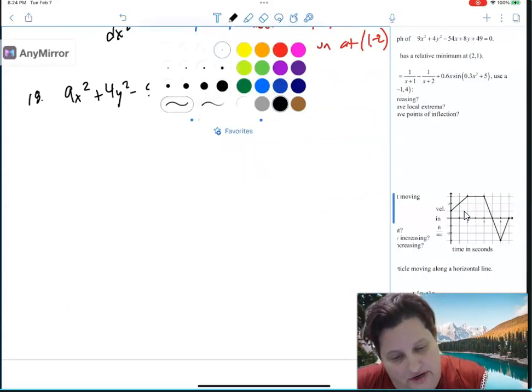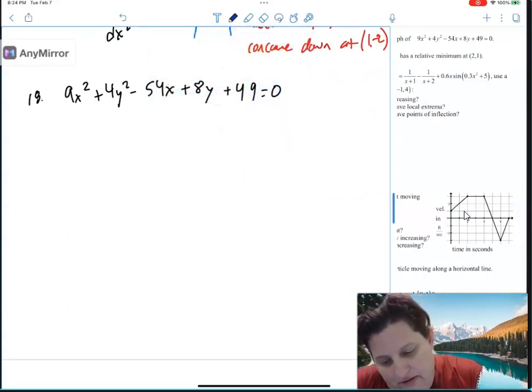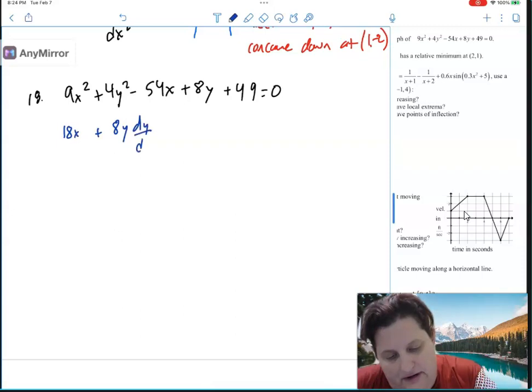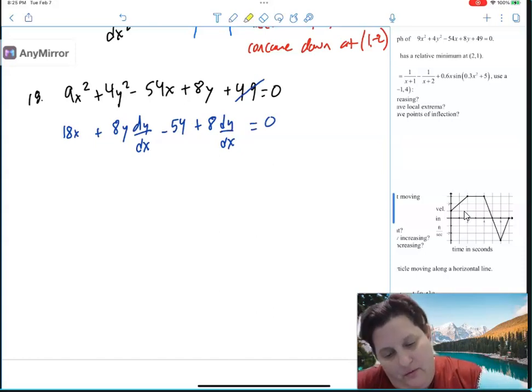All right. So check it out. Let me go ahead and take the derivative of this. This is going to give me 18x. This is going to give me 8y dy dx. That's going to give me 54. That's going to give me 8 dy dx. Derivative of 49 is 0, equals 0. Remember, we keep the dy dx's on the same side and move the other stuff without a dy dx over to the other side.